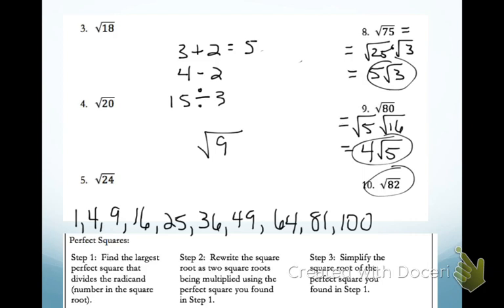See when I do the operation how the sign goes away. I don't need that sign anymore. 4 minus 2 is 2. So notice my subtraction sign goes away once I subtract. 15 divided by 3 is 5. And then finally the last one, the square root of 9 is 3. So again, notice that my operator goes away once we do the operation. So when you take a square root, you no longer need that symbol.